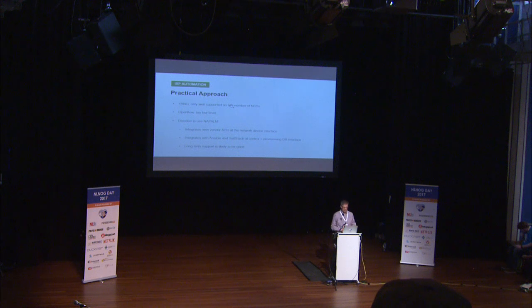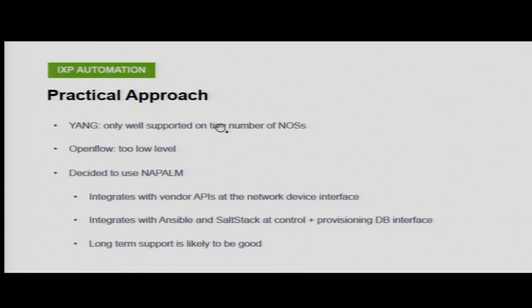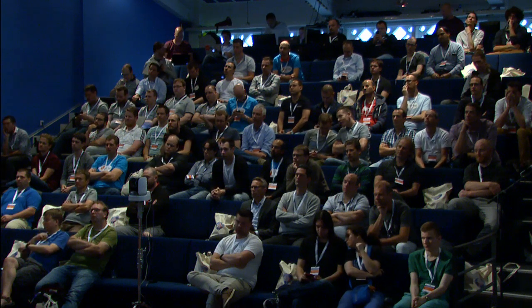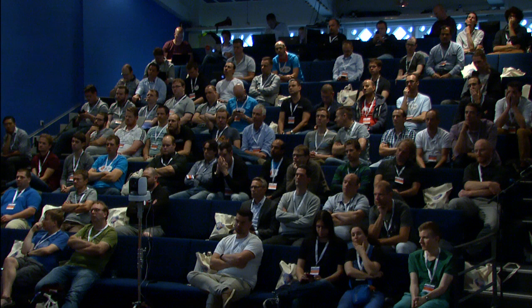We would use NAPALM, which is an abstraction layer for vendor APIs, which will interface with your automation tools, and which is supported and used by very big organizations, such as Spotify and Cloudflare. There's all sorts of organizations using NAPALM at this stage, and it's good. It's also getting a lot of vendor interest as well, which I think is very important.